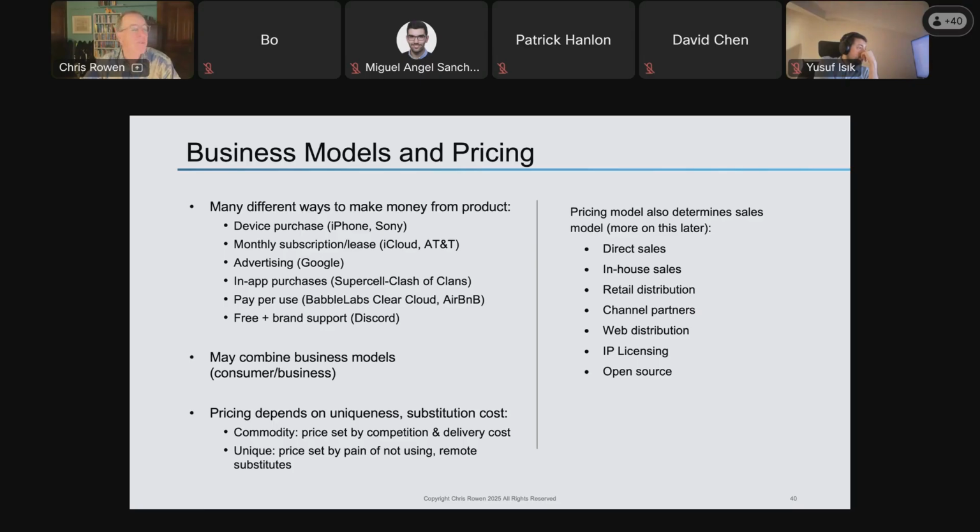And there are some interesting business models that are really kind of like advertising. You know, Discord is free, but what they're doing is creating a platform that allows various brands to connect up better and form partnerships with Discord, which creates their revenue stream. You can combine business models.